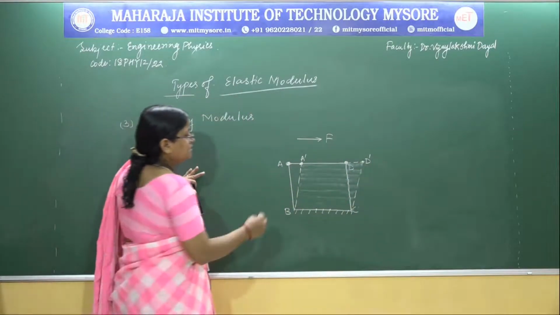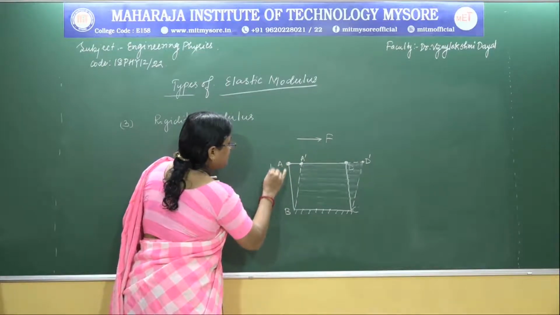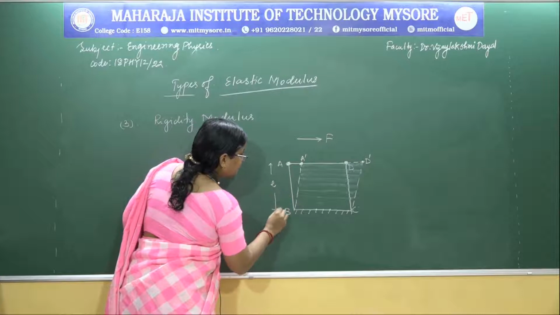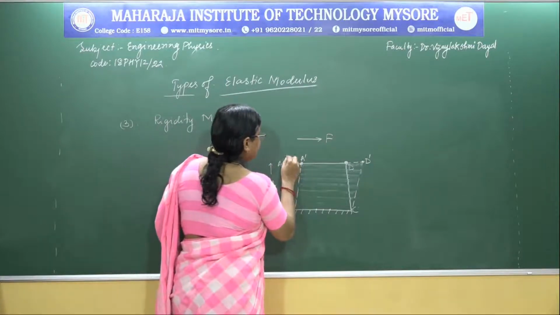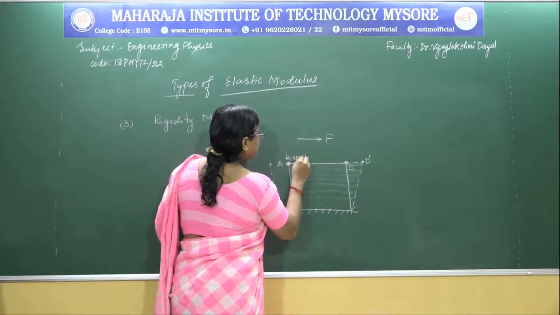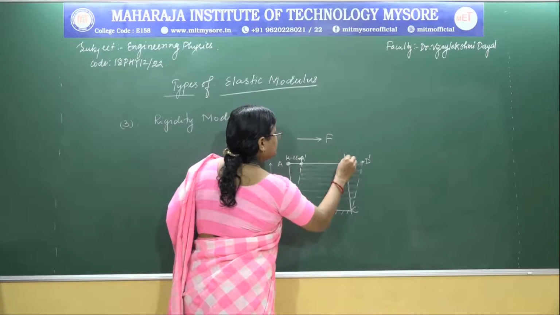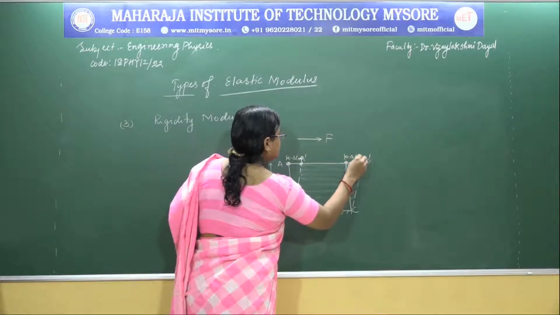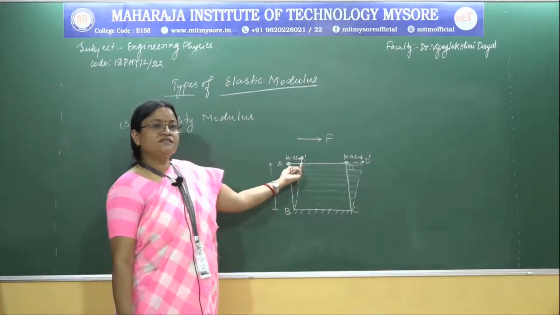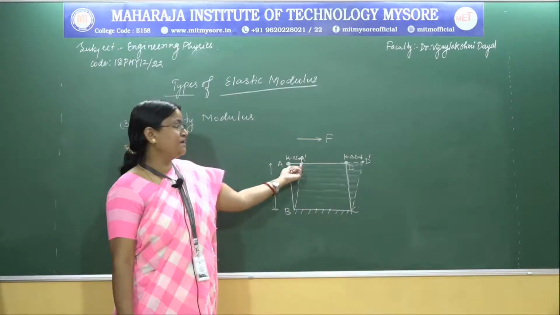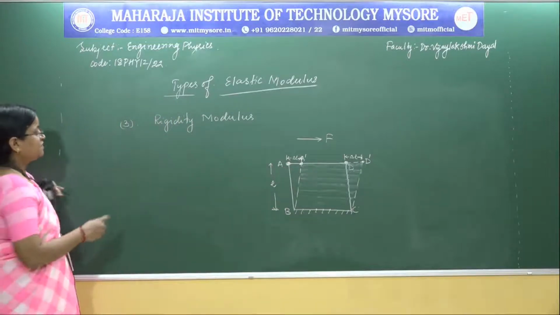We consider that the original length is L of each side and the change in length is delta L. The change that occurs is by distance delta L. Now we will write the stress and strain equation.